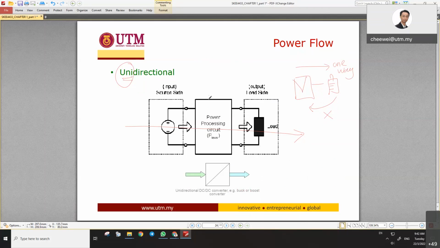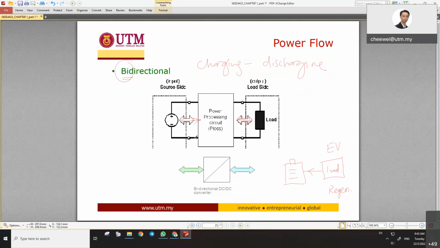So the converter, or inside here, the switch and also the control strategy, control techniques used in the unidirectional is much more simpler compared to bidirectional, because bidirectional will not be so easy.